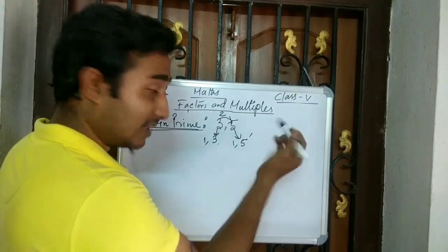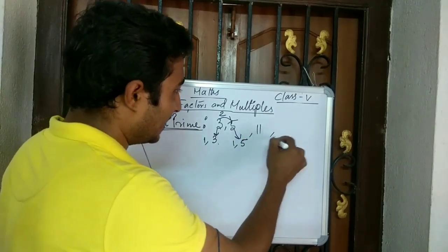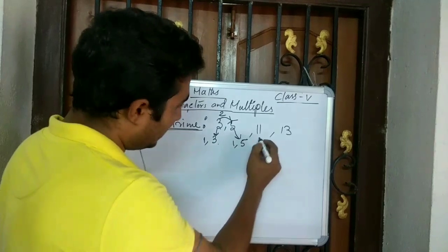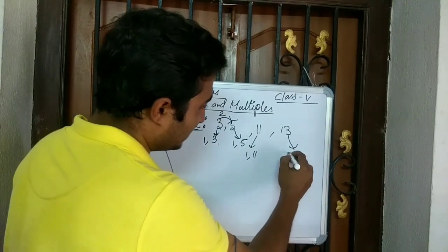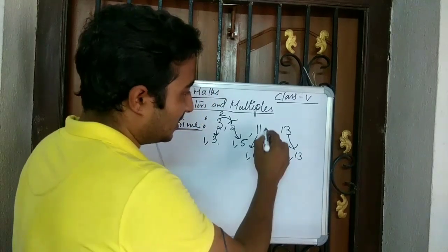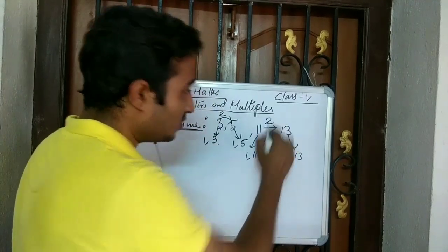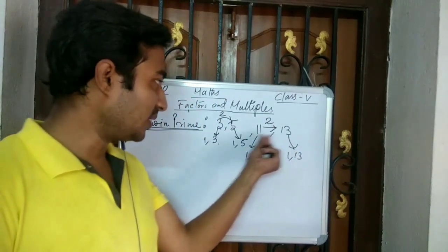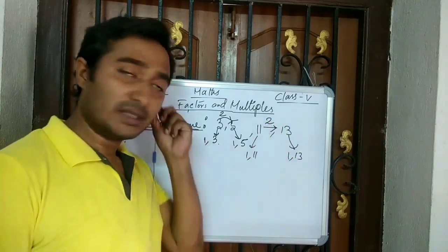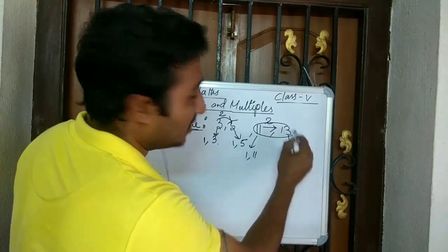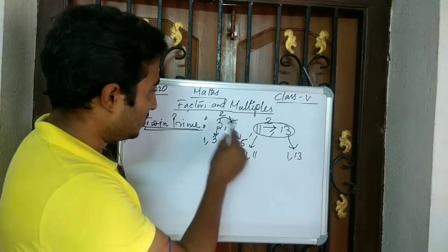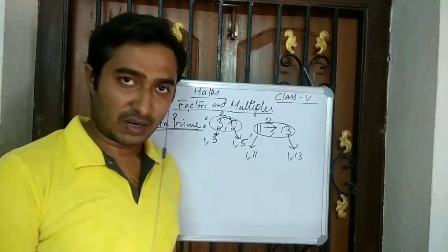Similarly, another example, 11 and 13. 11 has exactly two factors, 1 and 11, and 13 has two factors, 1 and 13, and the difference between these two is 2. So whenever two prime numbers differ by 2, they are twin primes. These two numbers together are called twin prime numbers.